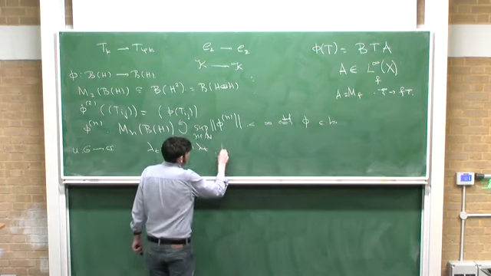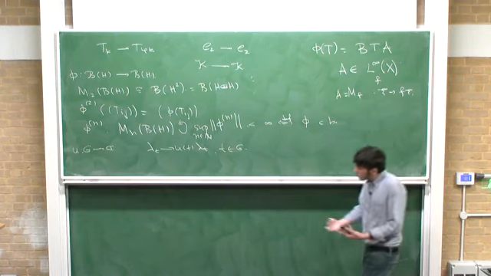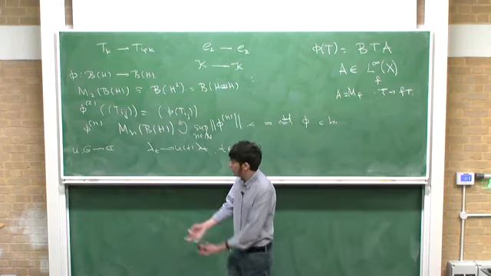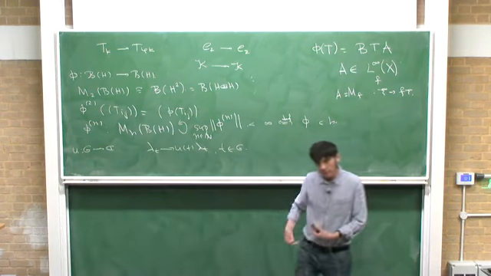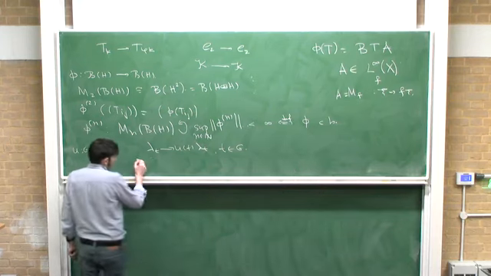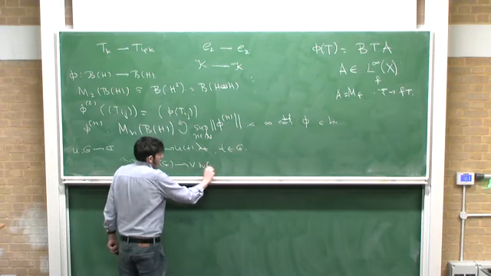And this for all t in your group. You're collecting together those functions for which this map extends to a completely bounded map on the von Neumann algebra. This gives rise to a map on the von Neumann algebra of G to itself.